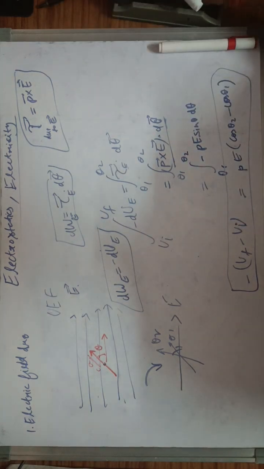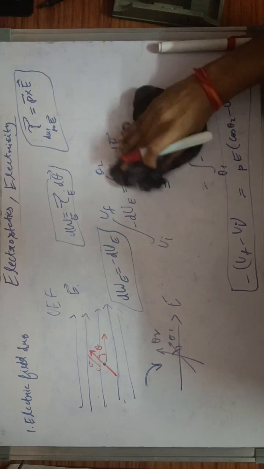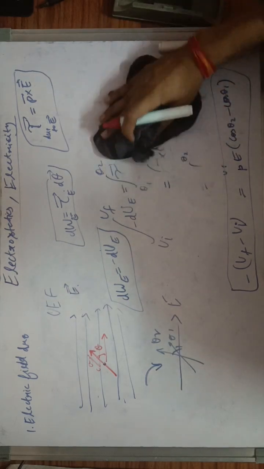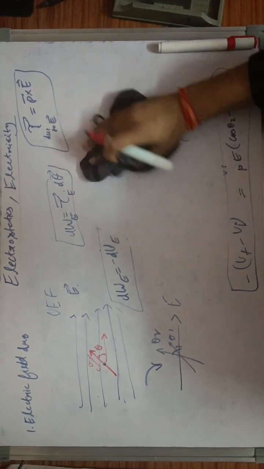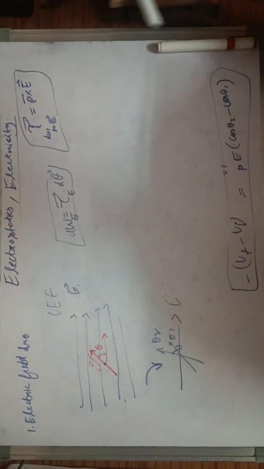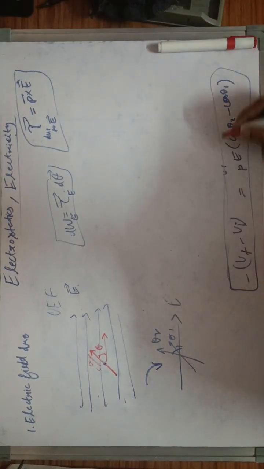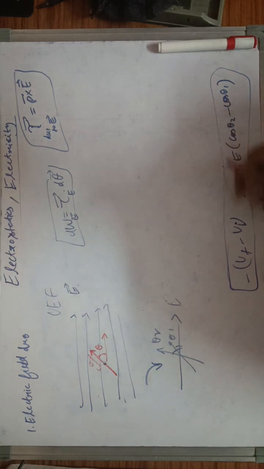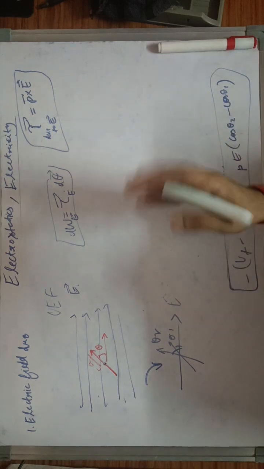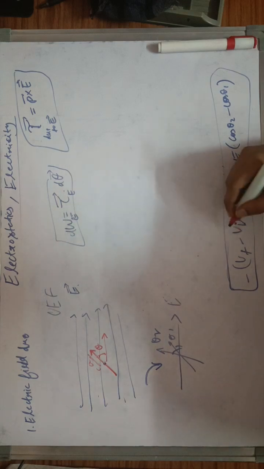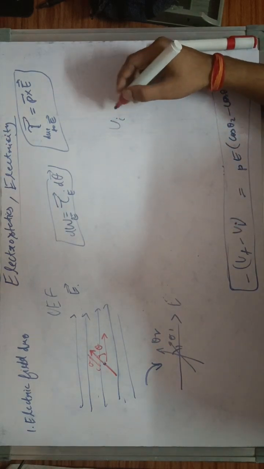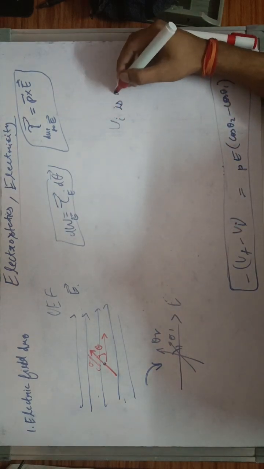Now a convention is taken for potential energy. A reference potential energy is always taken to simplify the questions, so that we can define the potential energy at any position.